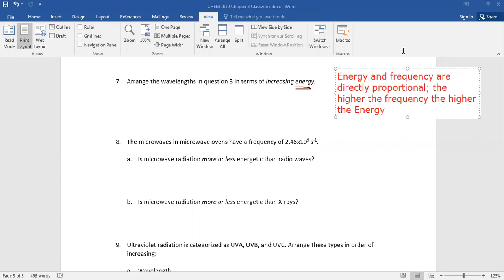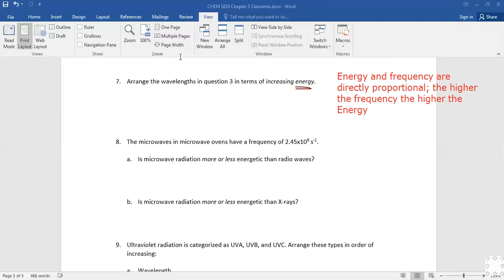So those same wavelengths in question 3, if you arrange them correctly in order of increasing frequency, then that is also the same as the order of increasing energy. So basically question 5 and 7 will have exactly the same answers.